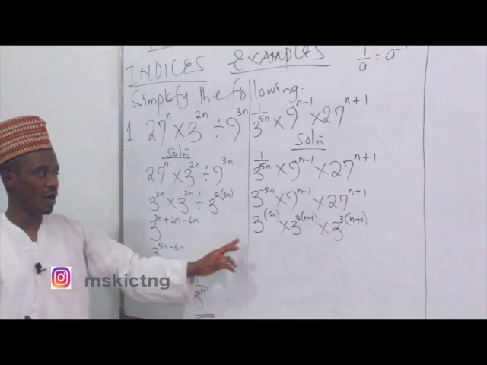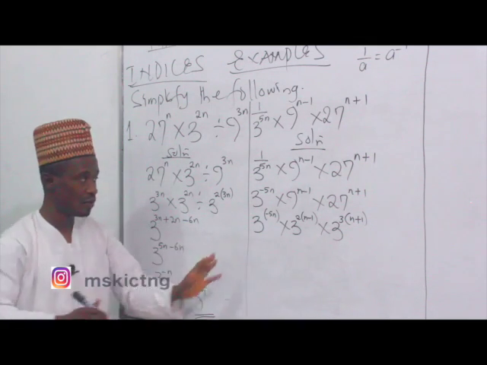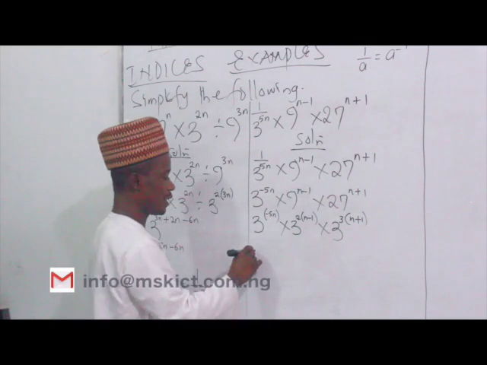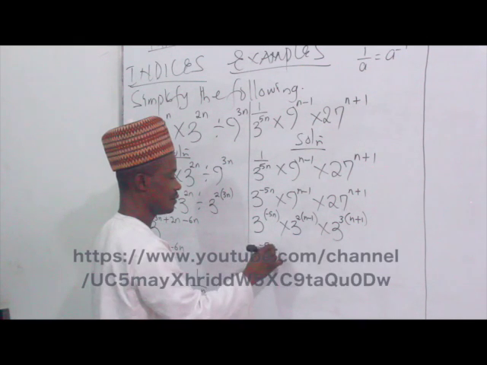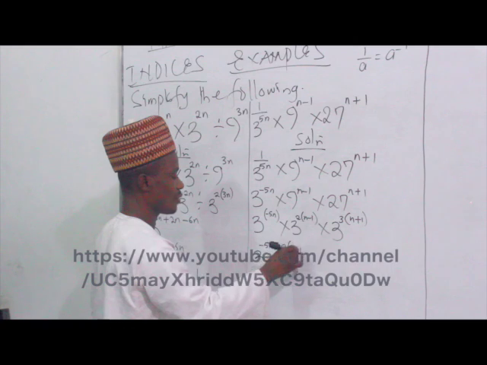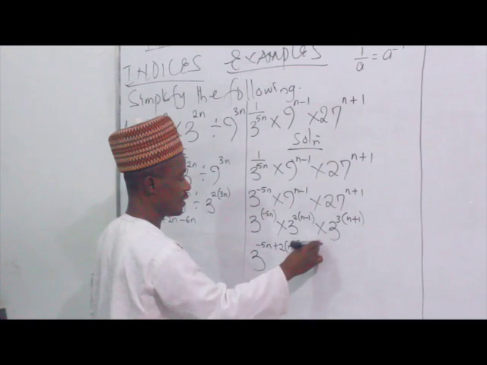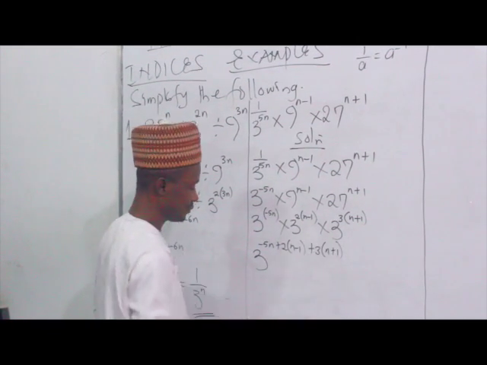Now that the bases are all the same, considering the first law, we take 3 raised to the power of minus 5n plus 2 into n minus 1, then plus 3 into n plus 1.